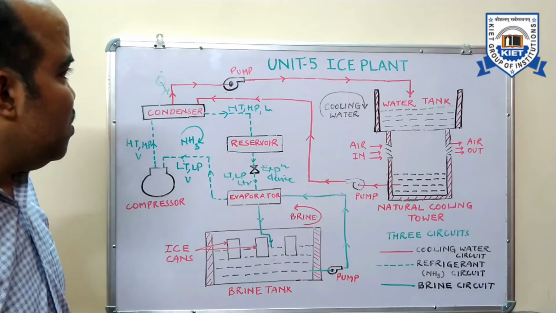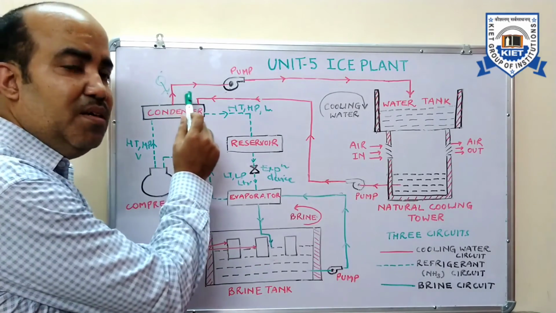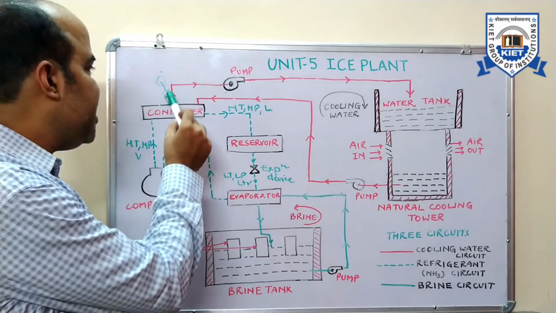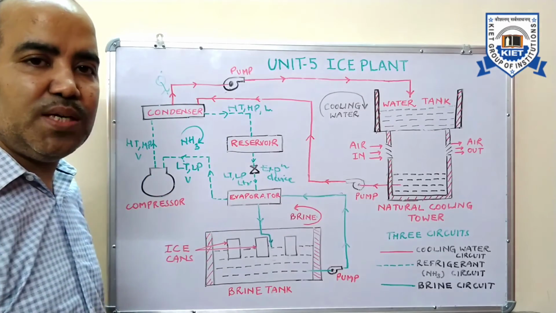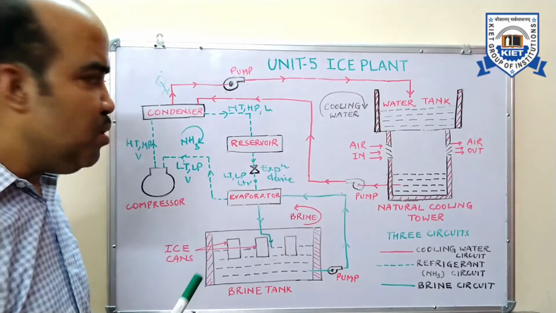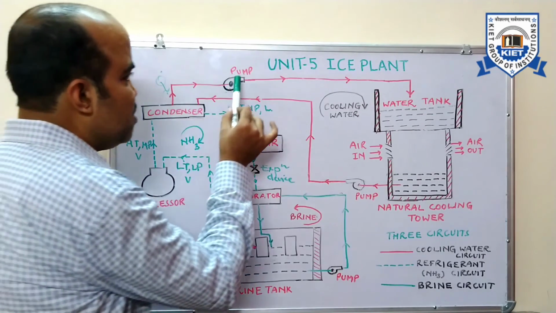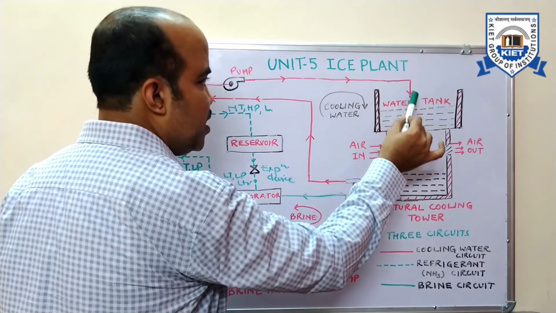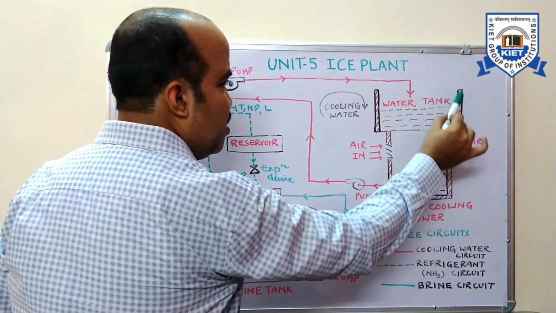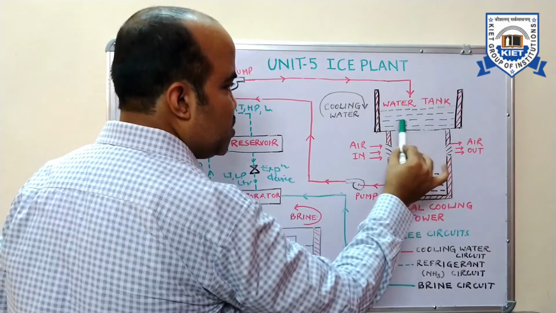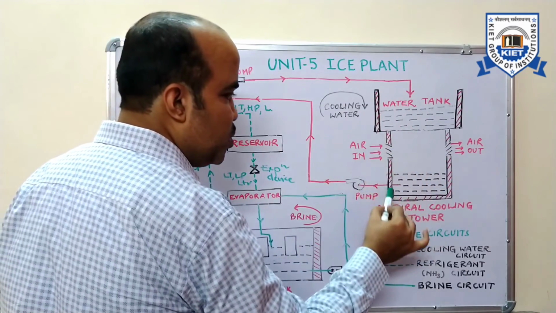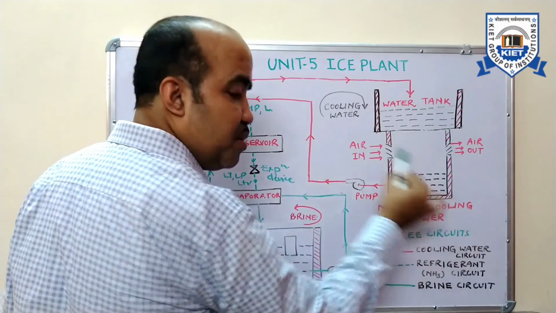Now this cooling water, which becomes hot when the refrigerant rejects heat in the condenser, is required to be cooled again. So this cooling water is pumped by means of a pump to the cooling water tank, as you can see over here. In this the water is stored, and then it is allowed to cool using a natural cooling tower.